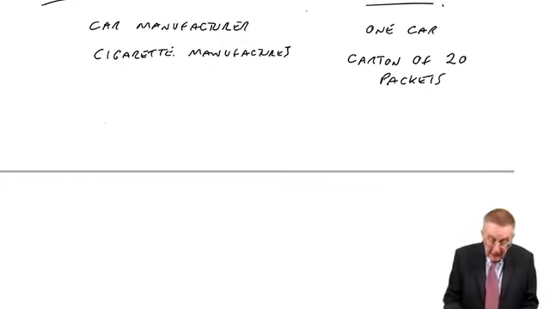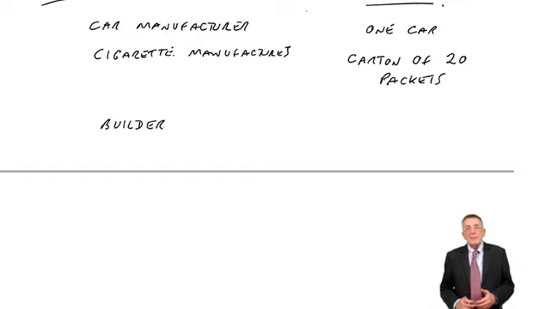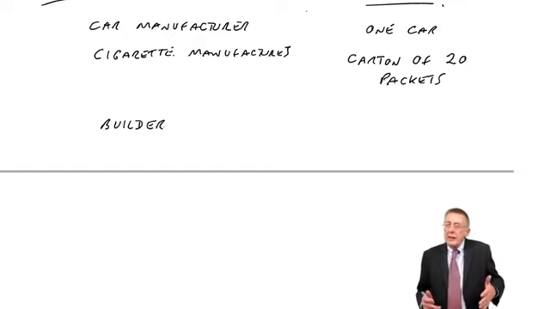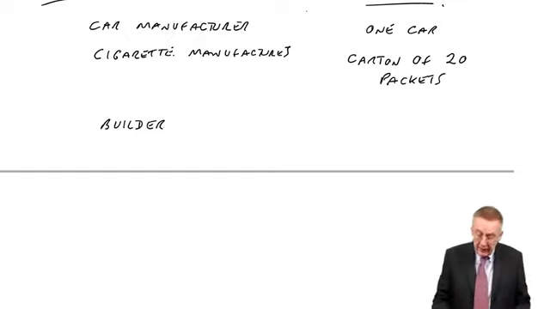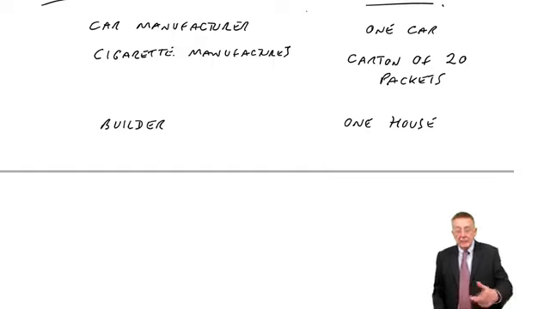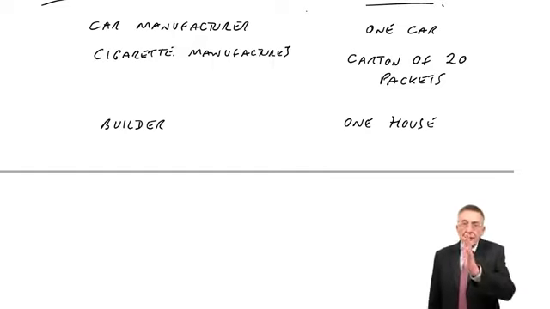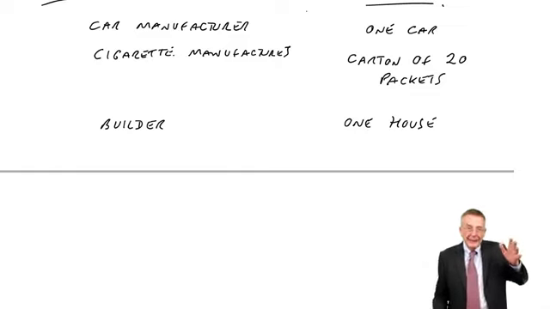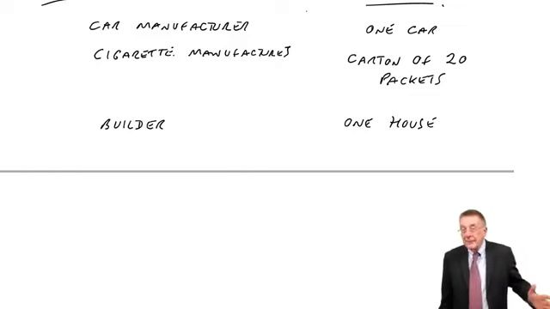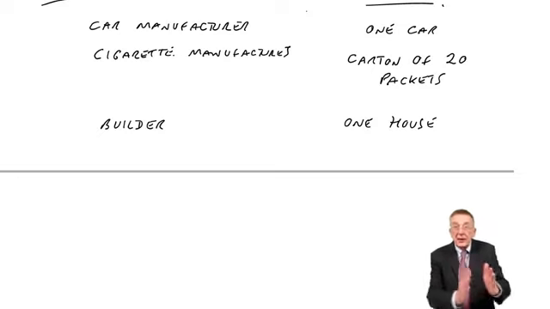What about the next one? A builder. A builder building houses. Well, if they're building houses, I think the obvious one is one house. But there is one difference from the car manufacturer. A car manufacturer who might be selling thousands of the same identical car only needs to know the cost of one of those and we've got the cost of all of them.